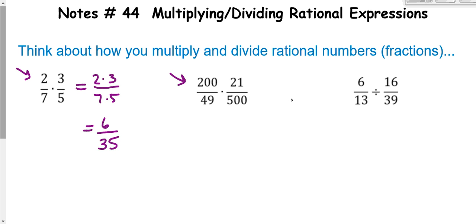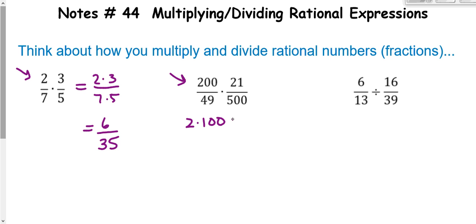Instead, what we want to do is factor first, reduce, and then when we're done, multiply what we have left. So you could think of 200 as factoring into 2 times 100, and we still have the times 21, although you could think of the 21, kind of anticipate what's about to happen. Look at the denominator.